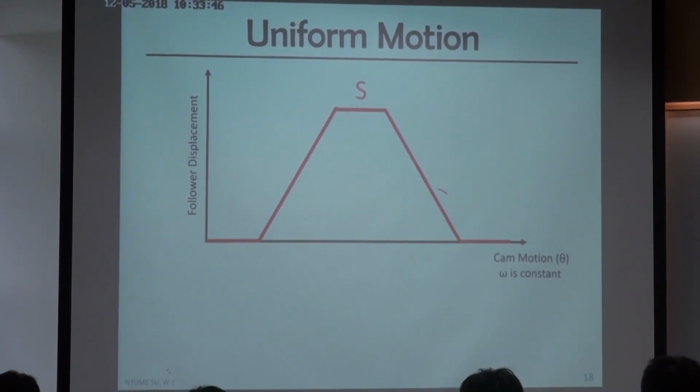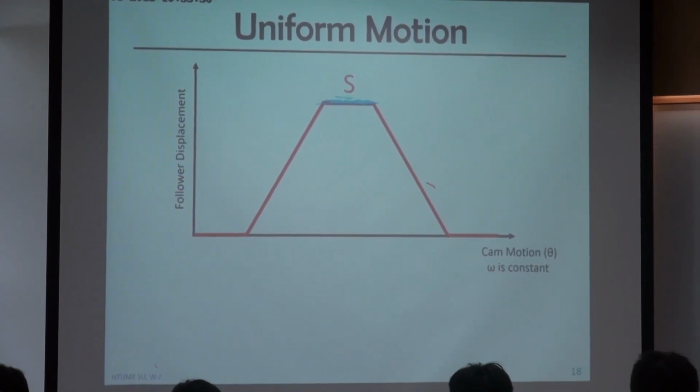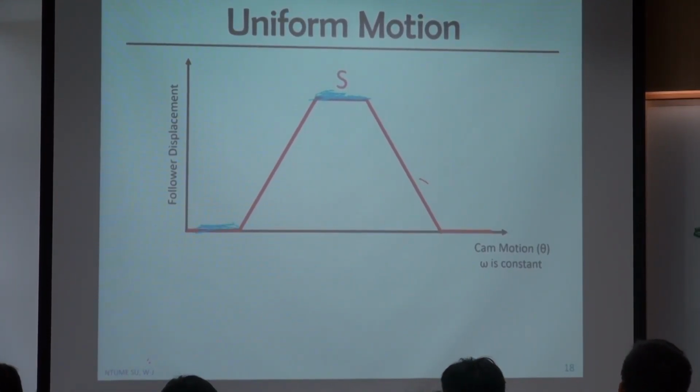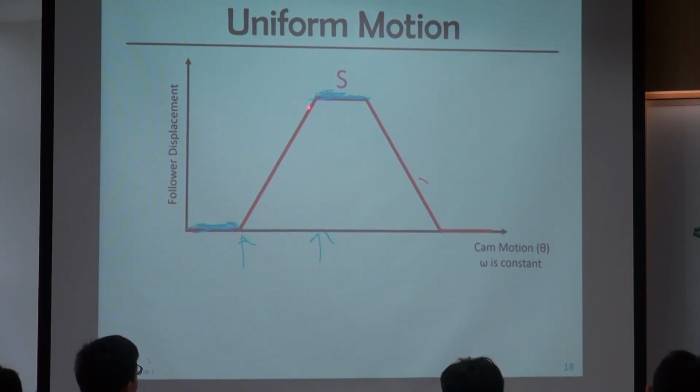So last time we were saying if we want a motion to fit a certain requirement, right now the requirement is from this point to this point. The displacement will rise from the bottom to the top. So we need a certain curve to connect these 2 points.